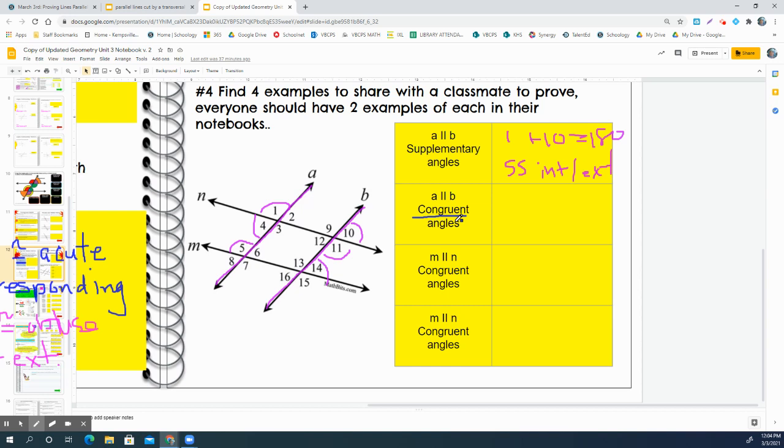Think about which angles you want to use to prove A and B are parallel. Type it in the chat, but don't hit send. And use an equal sign between them, because here with congruent angles, it's going to be this angle equals this angle. We ready? Right. Giving you enough think time. 5, 4, 3, 2, 1.